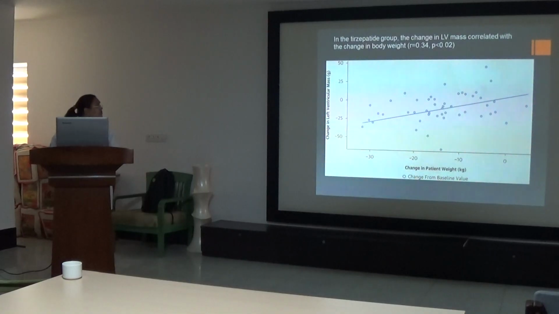This was the correlation of the change in LV mass and the change in the patient's weight from baseline. Those with more weight loss had a reduction in LV mass, and those with higher weight had less reduction in LV mass. This was the correlation they found, with a correlation coefficient of 0.34 and a significant p-value.